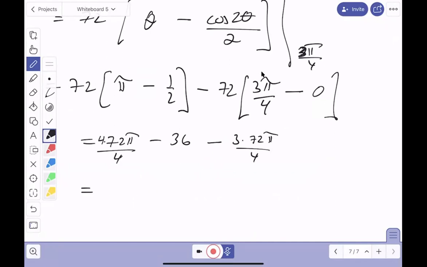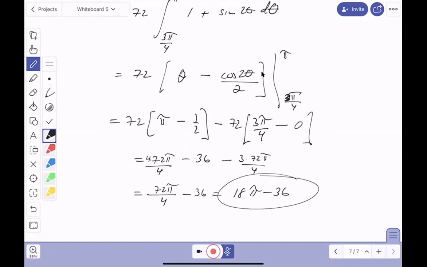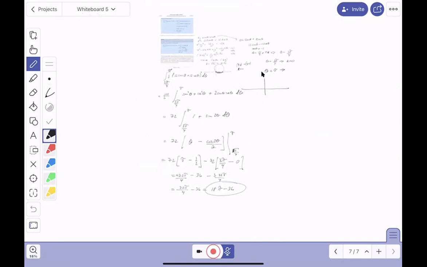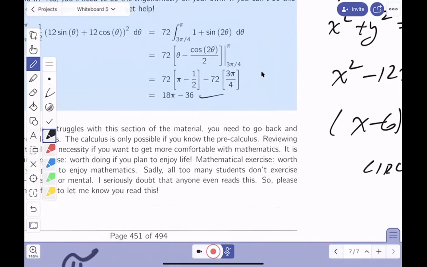It makes it easier for me to do the arithmetic. Maybe not for you, but it makes it easier for me. And that would be 4 of those minus 3 of those, which is 1 of those over 4. I'll do that later, minus 36. That would be 36 over 2, 18 pi minus 36. Again, I am not beyond making mistakes. And bingo, we got it. All right, we got it.